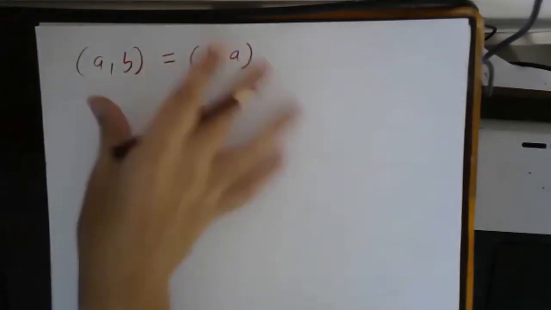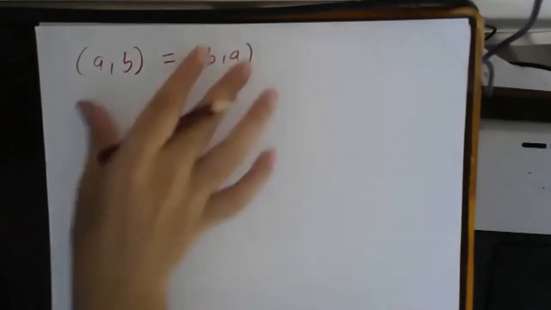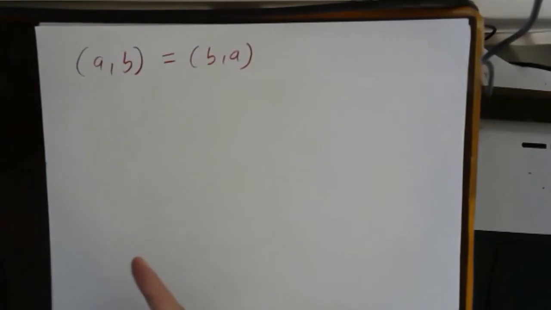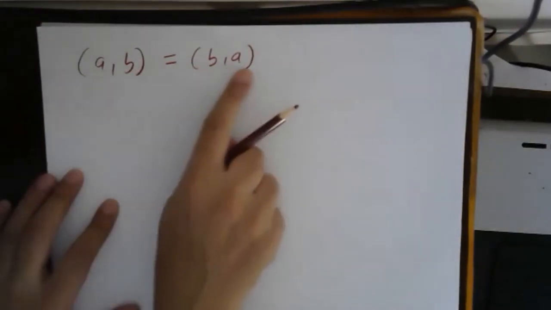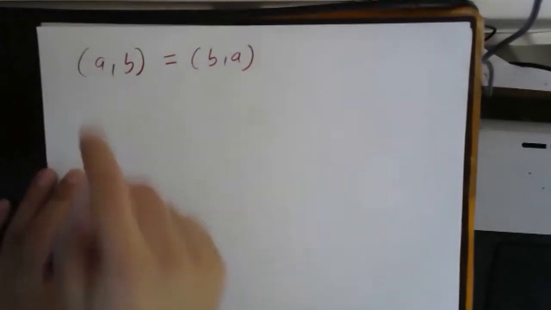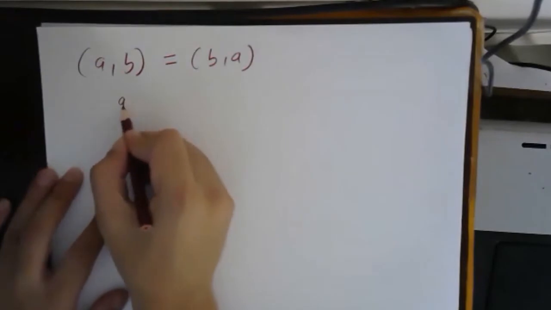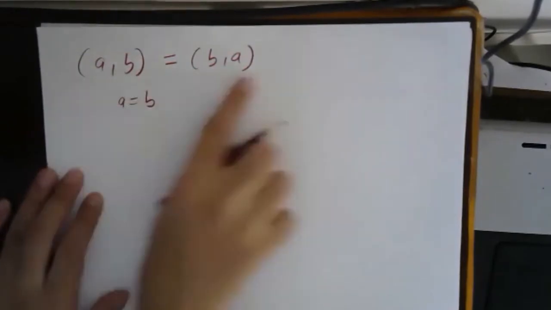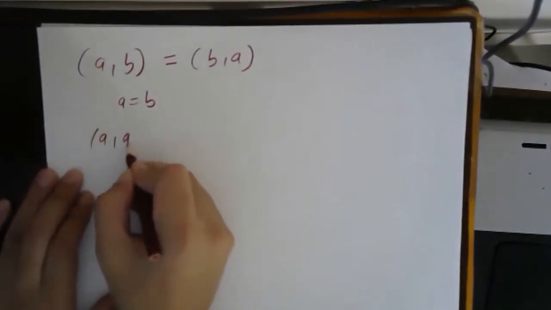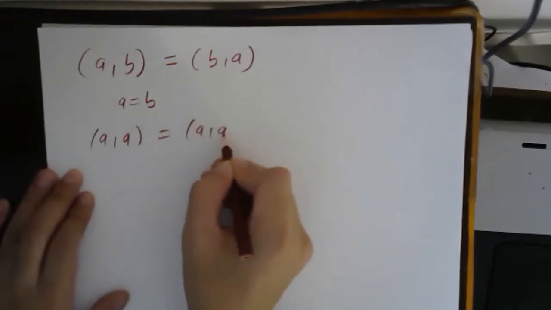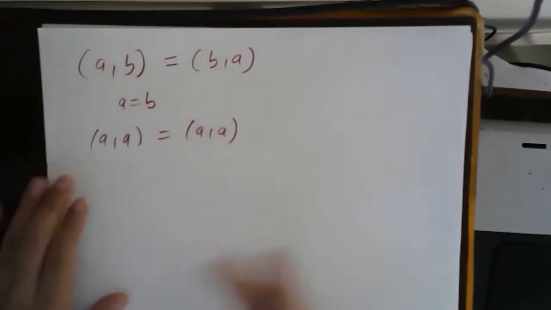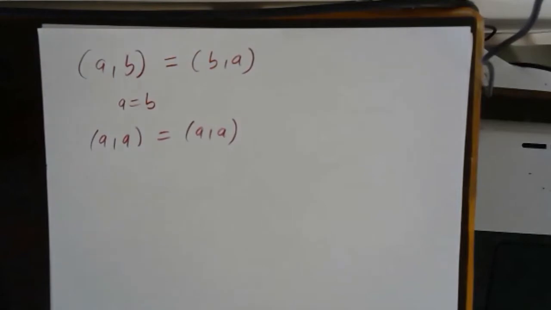I am saying that in a particular case they are equal. That means what? If (A, B) is equal to (B, A), then A has to be equal to B. That means this is something like (A, A) equals (A, A), if I substitute B equals A. Everybody understood?